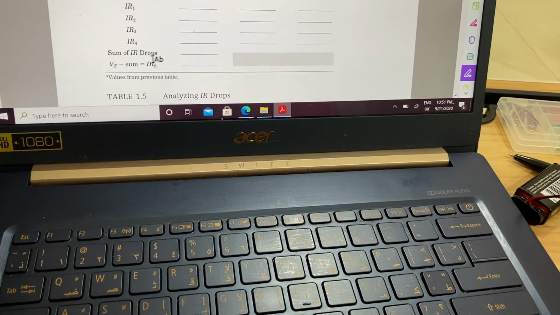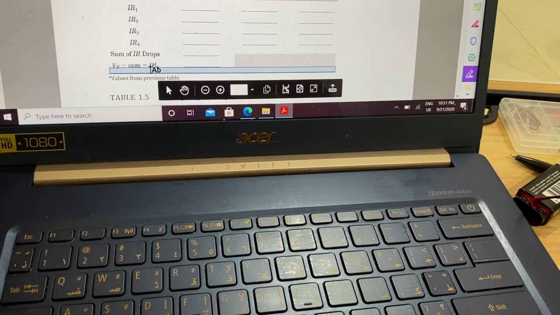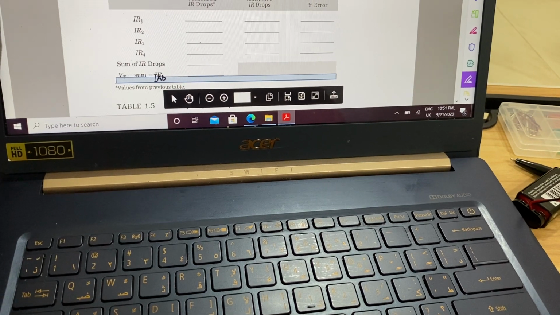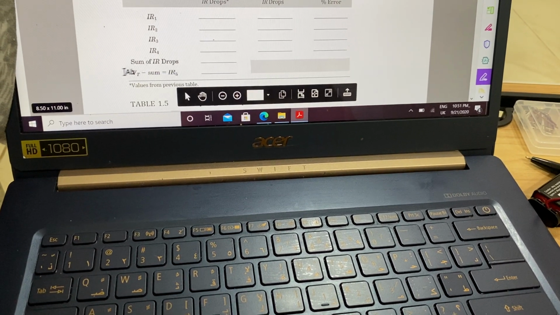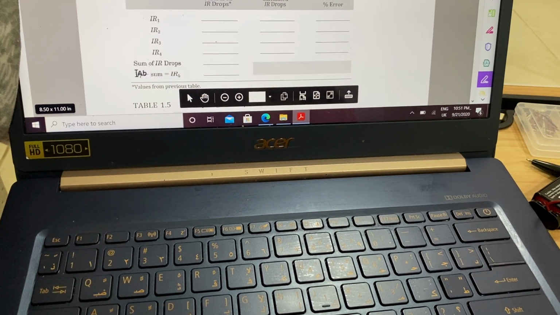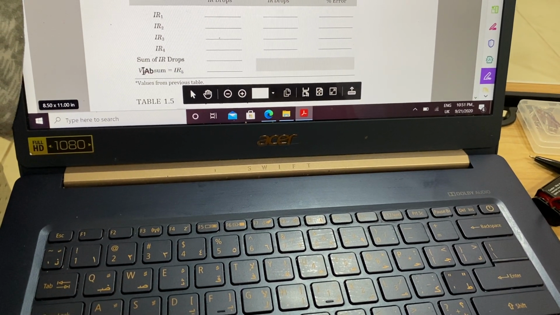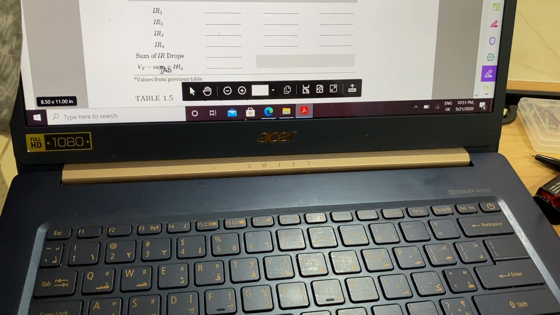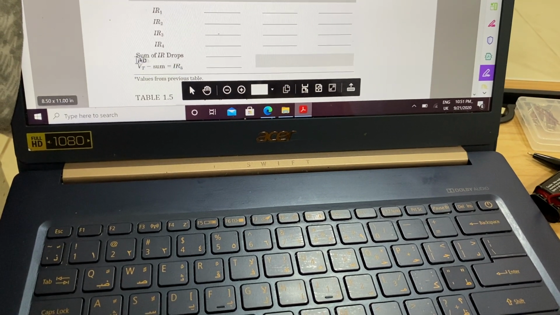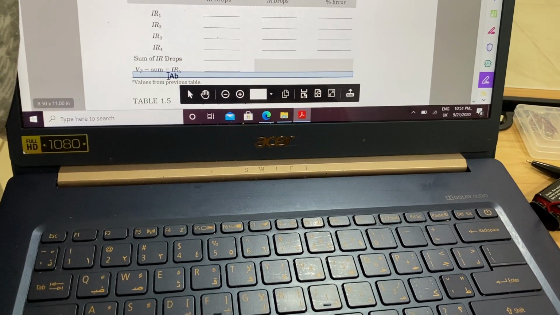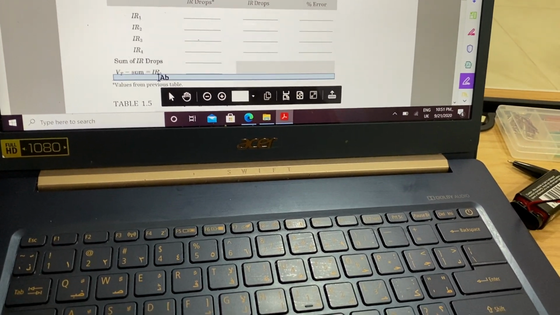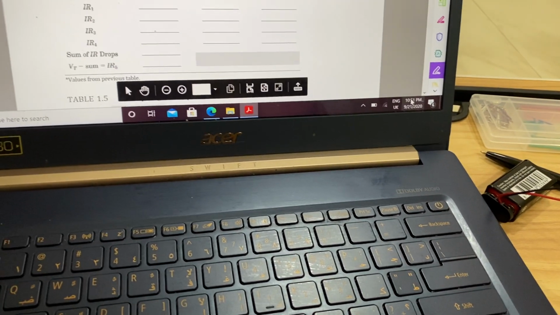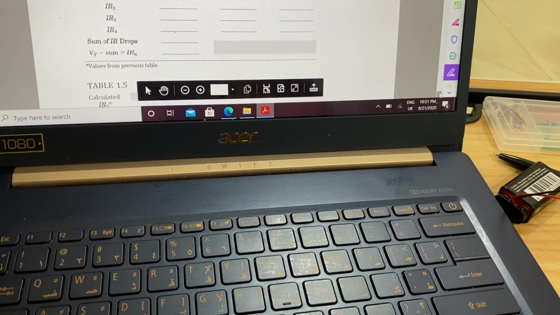So we can find out that the voltage drop of the last resistor will result from subtracting the summation of the first four voltage drops from the 9 volt battery, and we will find out how much the voltage is.